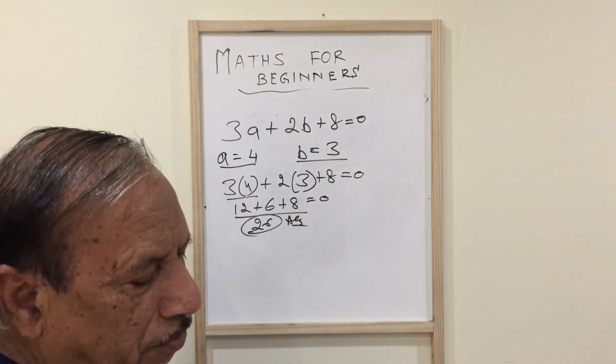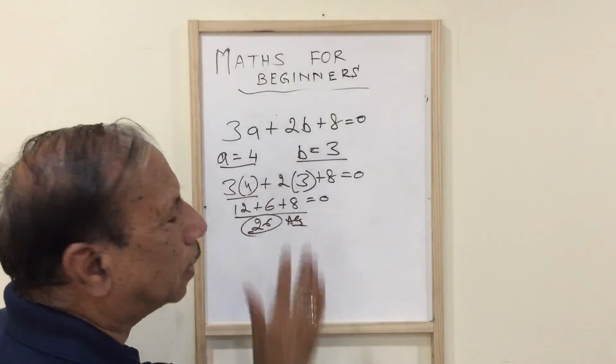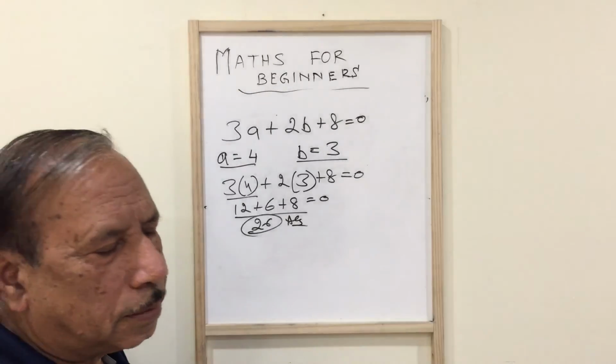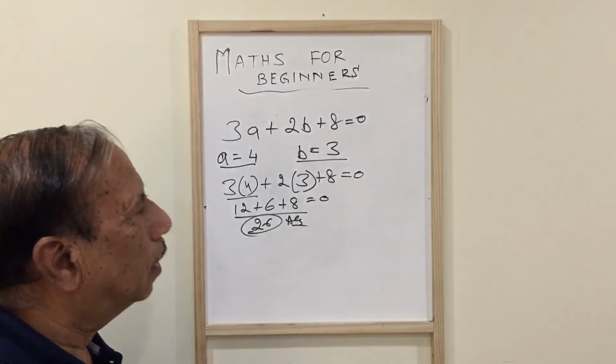So like that, if you have any equation and you have the values for the variables, you can substitute the values and you can find out the answer, the solution of that.